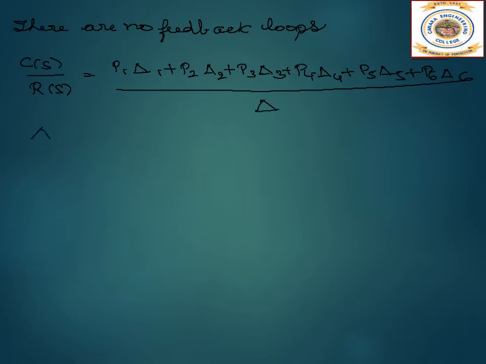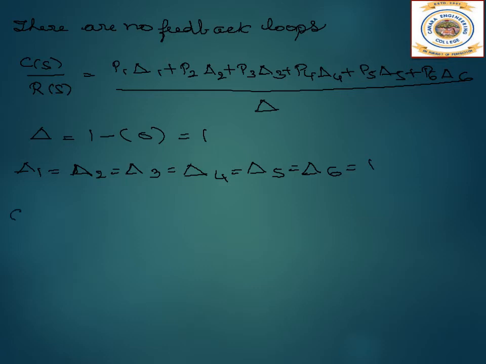What is delta? Delta is 1 minus the loops. So no loops, so it will be 0. So delta is 1. Hence delta 1 equal to delta 2 equal to delta 3 equal to delta 4 equal to delta 5 equal to delta 6, all are equal to 1.